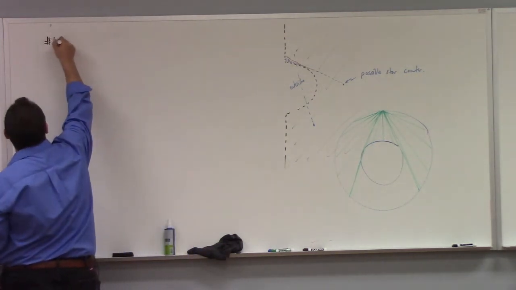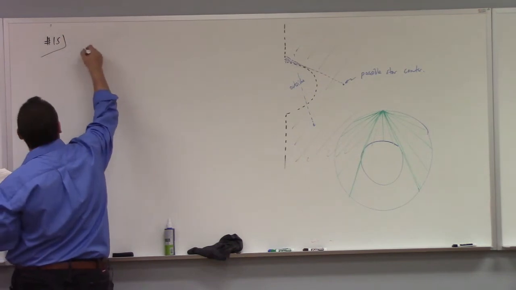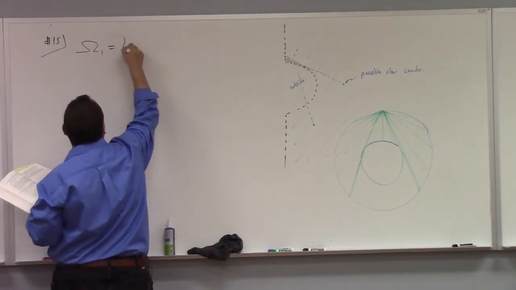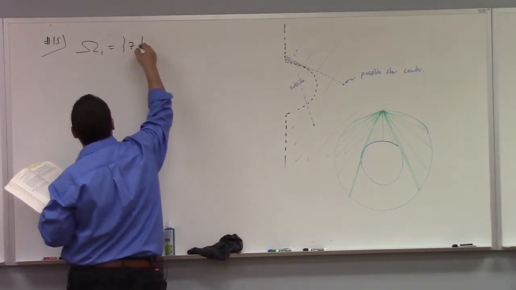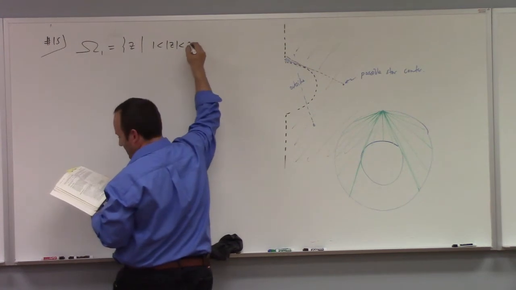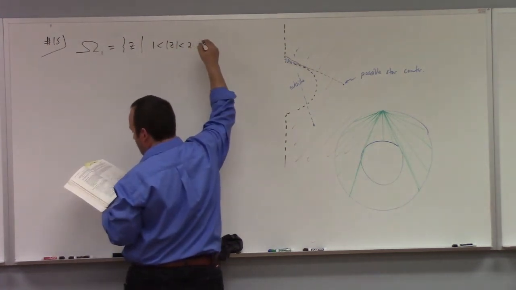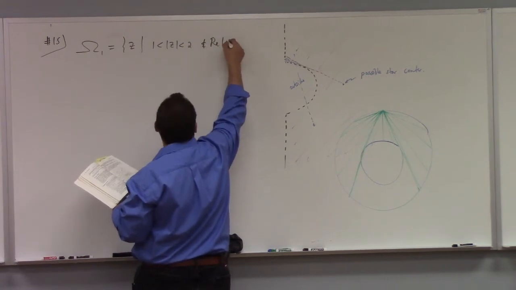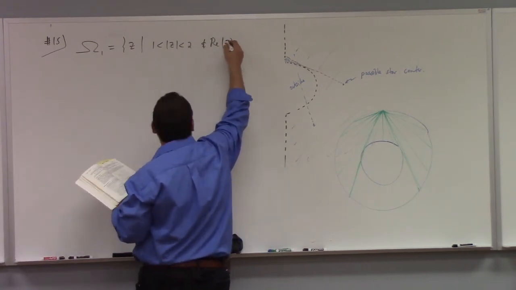Number 15. We've got region omega 1, z such that 1 less than modulus of z less than 2, and the real part of z greater than minus 1/2.